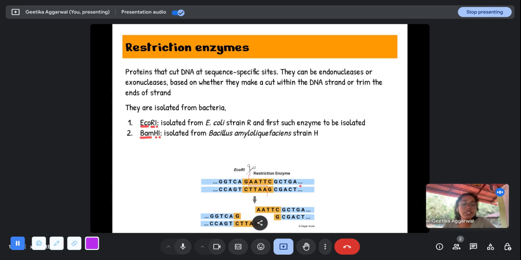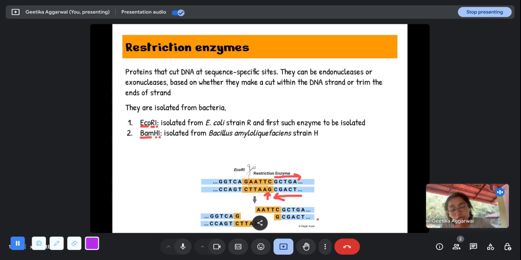You can see here this sequence reads GCTGA on this strand, but on the other strand it reads TCAGC, which is not the same. So these are not palindromic, but EcoR1 reads the palindromic sequence GAATTC. On the other side also it's GAATTC, and it makes a cut between the G and the A. As you can see with the scissors, it makes a cut here at the G and the A, and it gives you these outcomes.